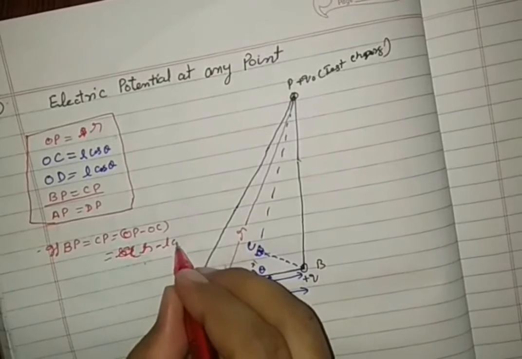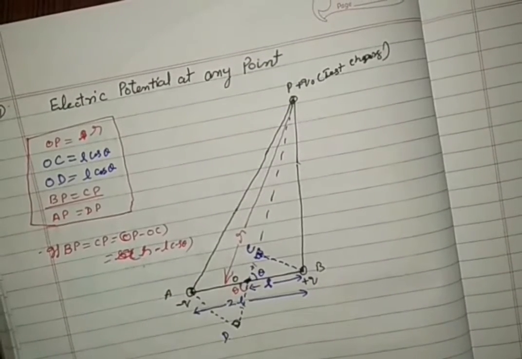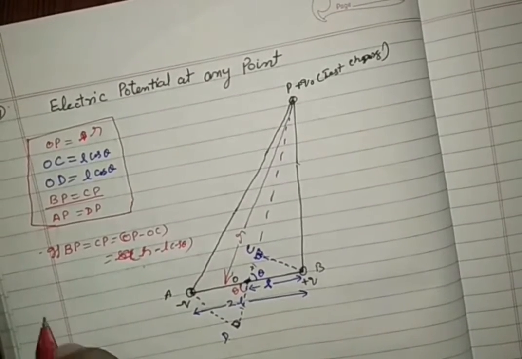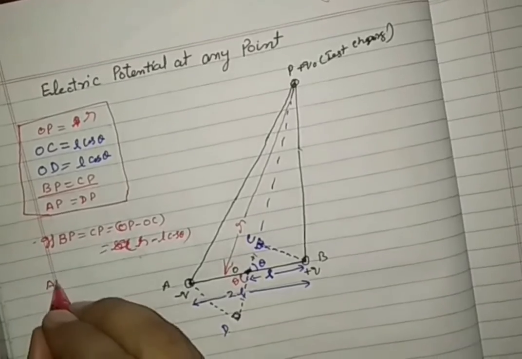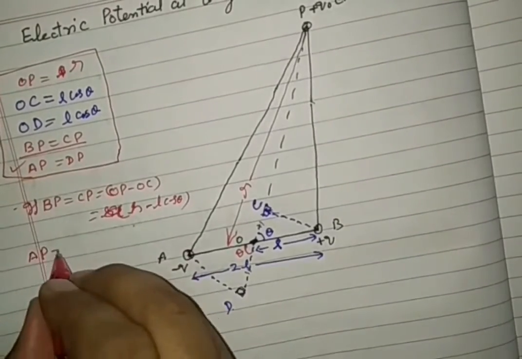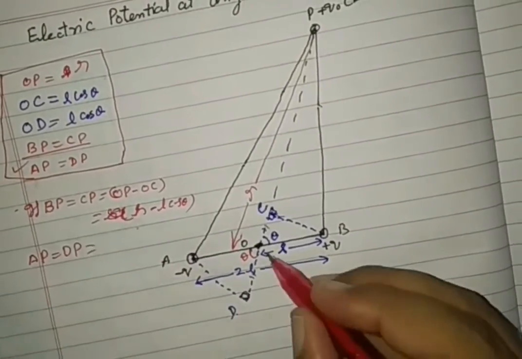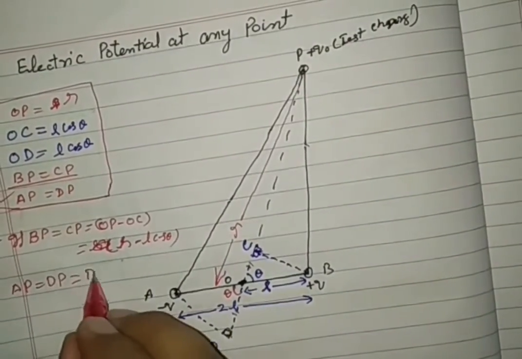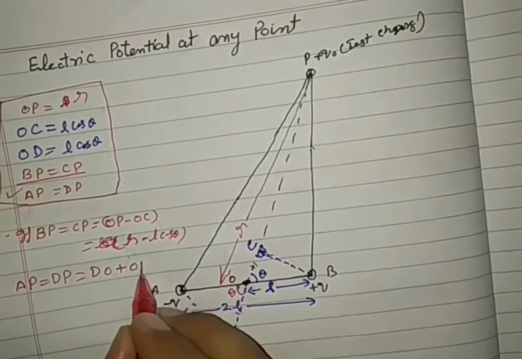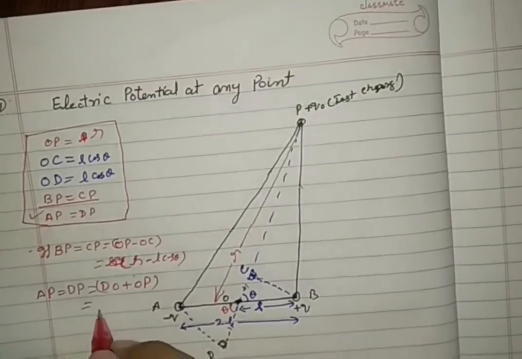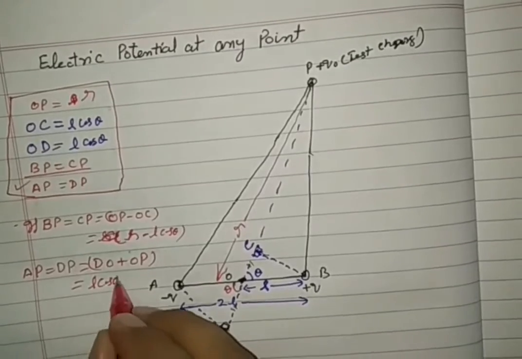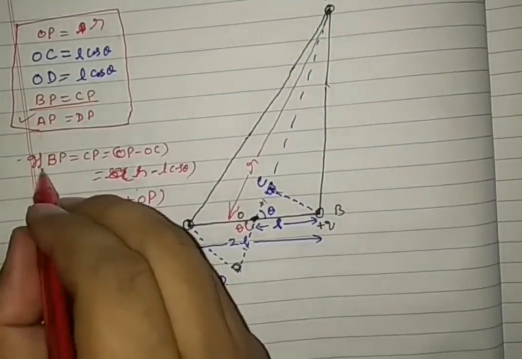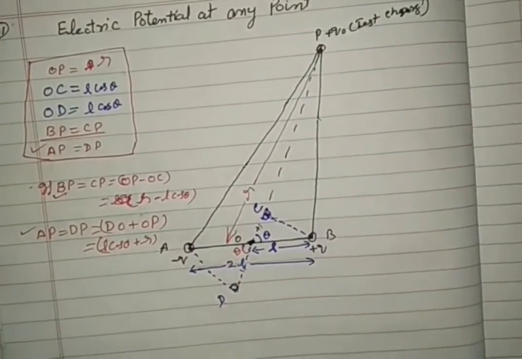So R minus L cos theta. Now one more thing: AP is equal to DP, and by this diagram DP is equal to DO plus OP. So DO is L cos theta, plus R. These two things will be applicable here.